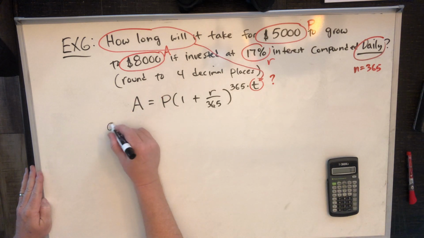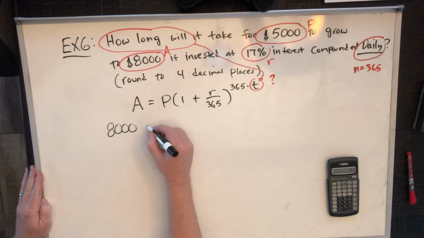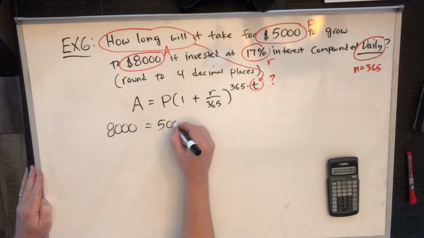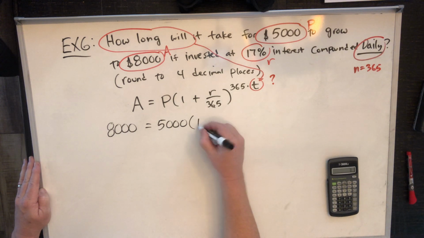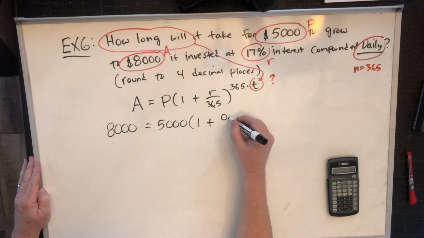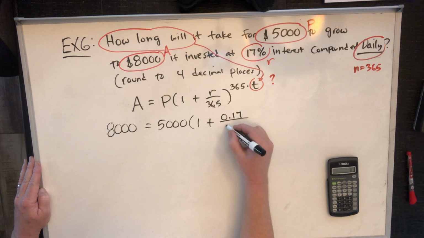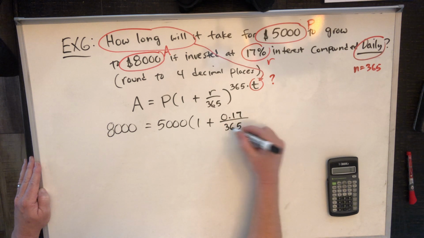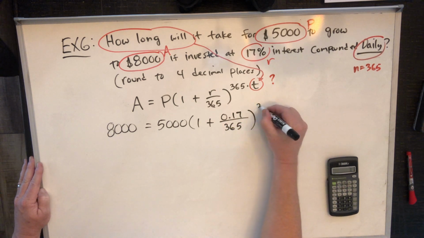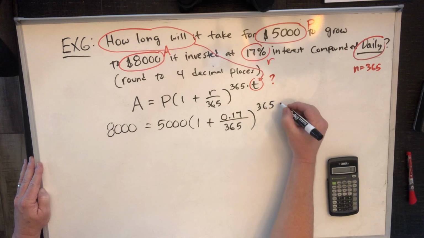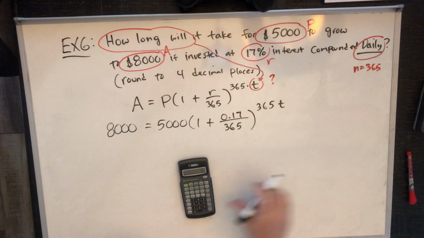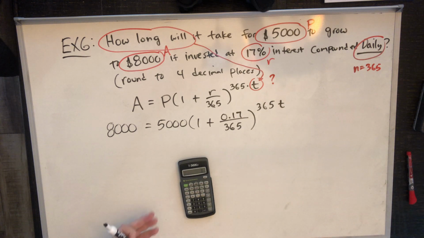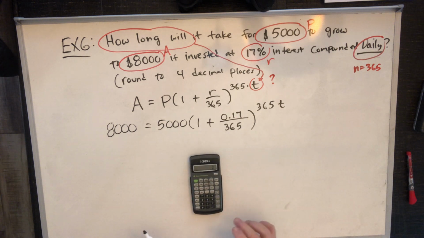So we've got $8,000 in the future, $5,000 now, 1 plus 17% divided by 365, raised to the 365t. We're going to need a calculator here. Let's see.